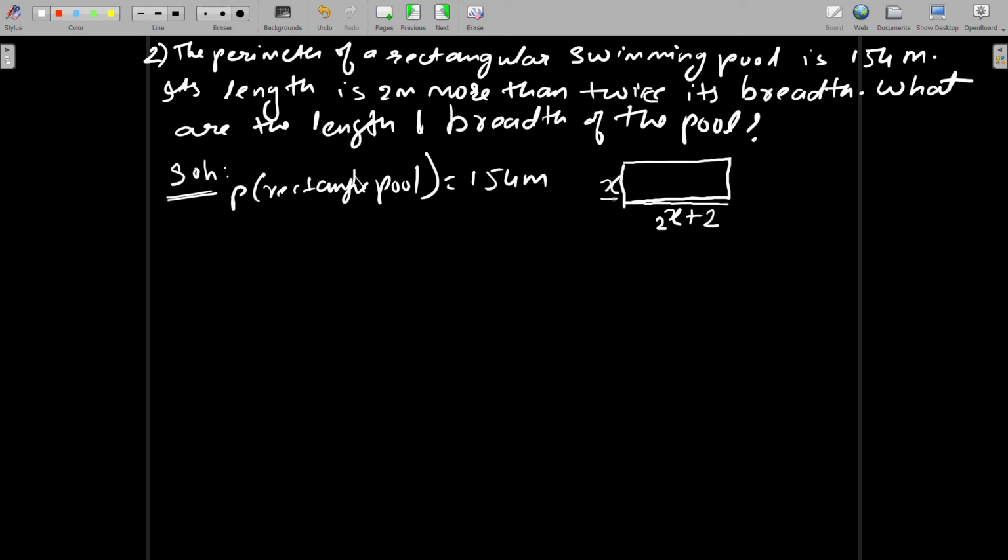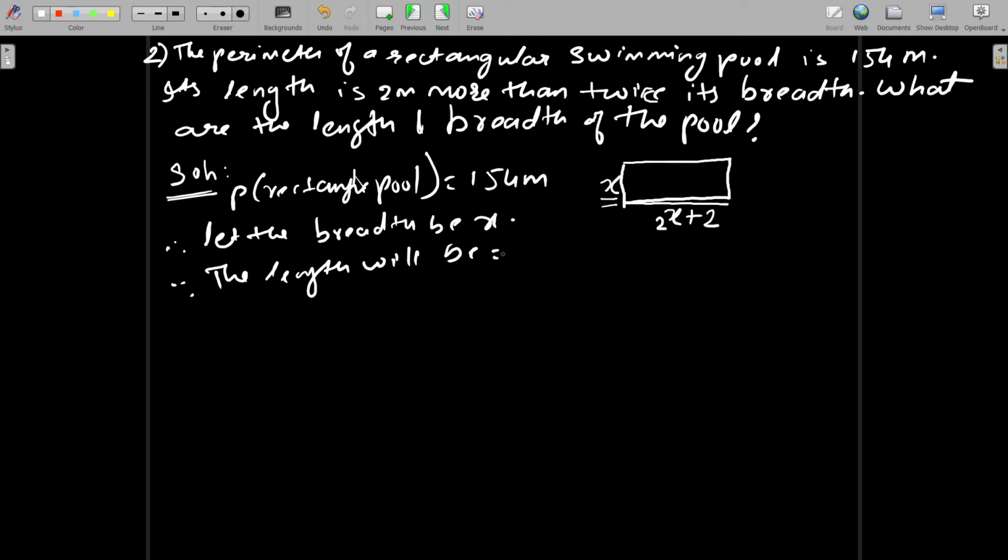So we say, let the breadth be x. Then the other part becomes 2x plus 2, right? Therefore, let the breadth be x. Therefore, the length will be 2x plus 2.